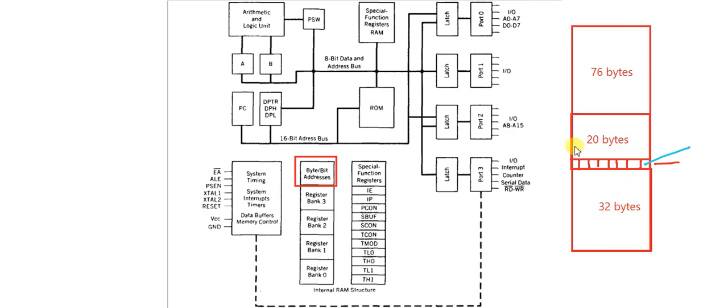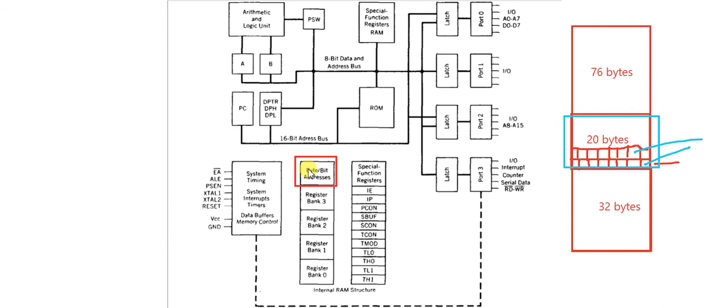So this area contains bit addressable as well as byte addressable registers. Inside the byte we have bits, so we can individually write and read a particular bit of the memory. Only this area has this facility of being bit and byte addressable. This area is shown in the architecture at this place.